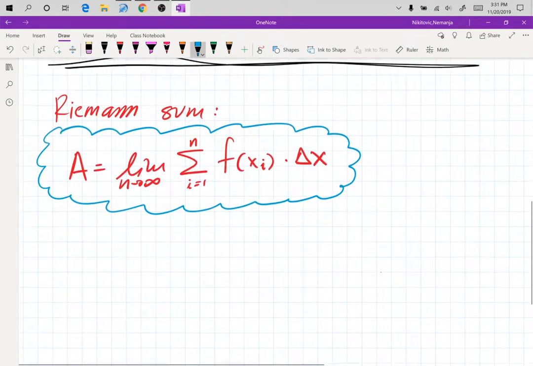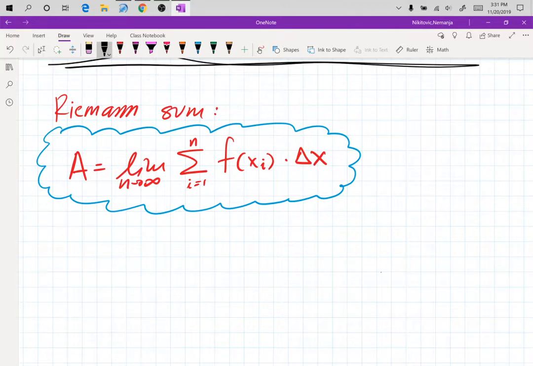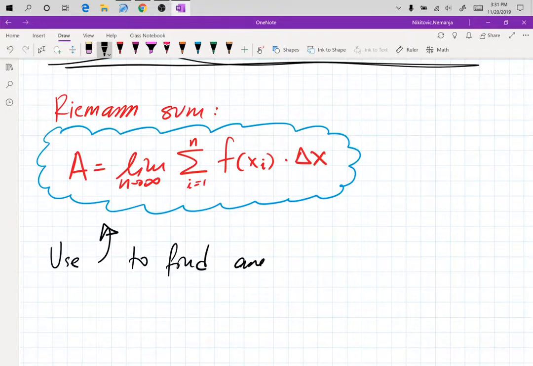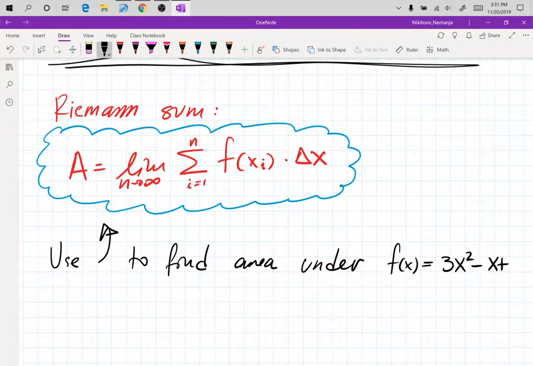So let's go and use that to find the area under f of x equals, I don't know, 3x squared minus x plus 9, whatever, on the interval, what should we put here?